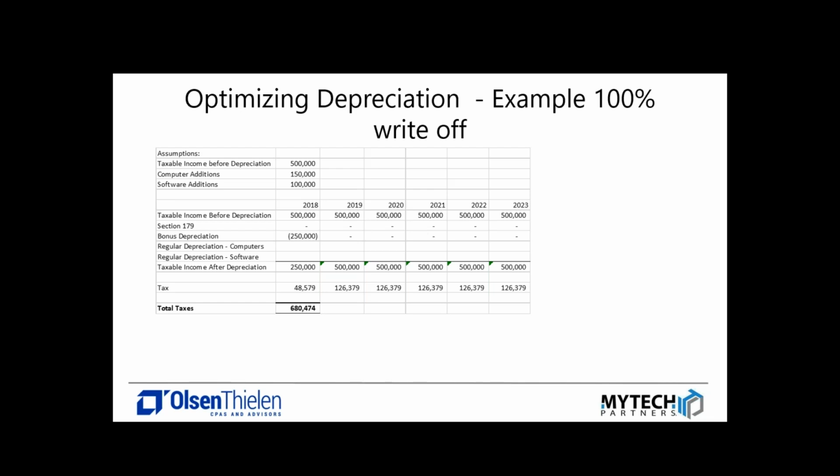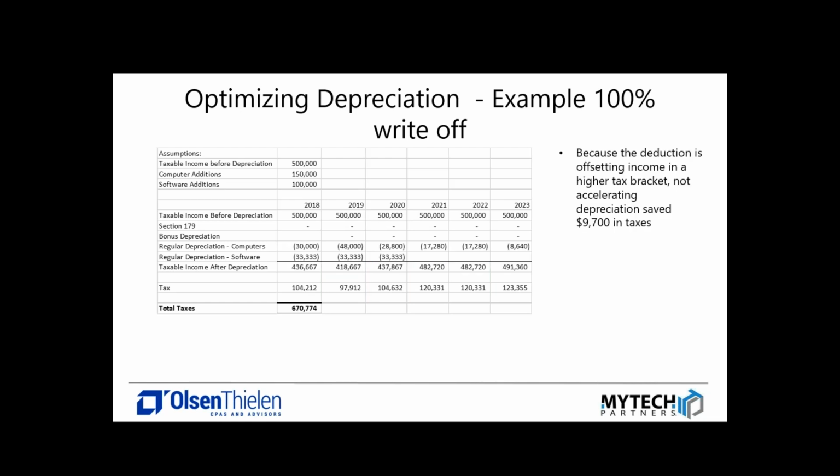And then if you don't acquire any more assets, you're done with depreciation for the foreseeable future. So you get that tax benefit in the first year, and total taxes over this 6-year period are $680,000, having $500,000 of income before depreciation during that period.